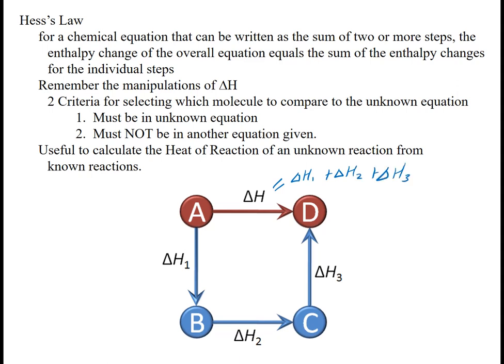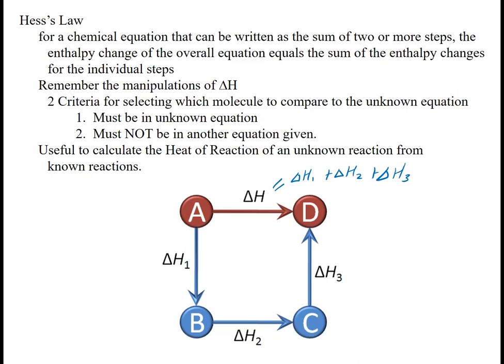The way that we get these reactions of A to B may not be exactly how I want it to look to add up to this. So I may have to manipulate it by doing the manipulations: if I can multiply, then I do that.